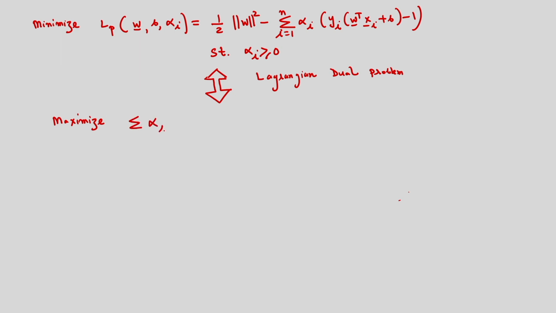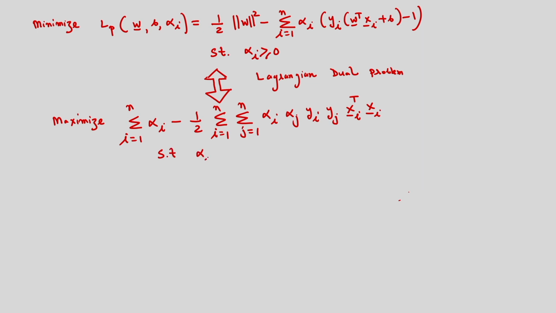Maximize summation alpha i, i is equal to 1 to n, minus 1 by 2 summation i is equal to 1 to n, summation j is equal to 1 to n alpha i alpha j y i y j x i transpose x j, subject to the condition alpha i greater than or equal to 0, and another condition is summation i is equal to 1 to n alpha i y i is equal to 0.